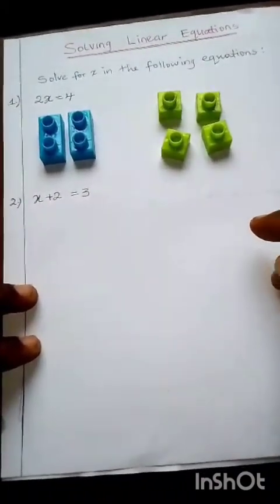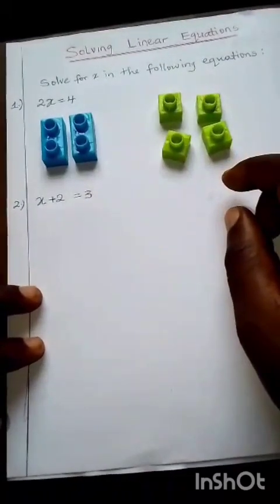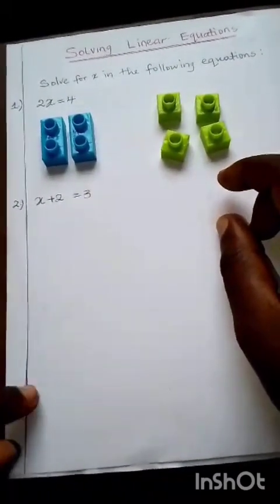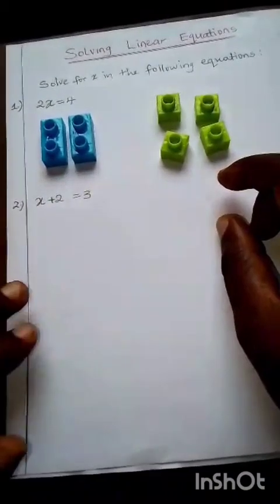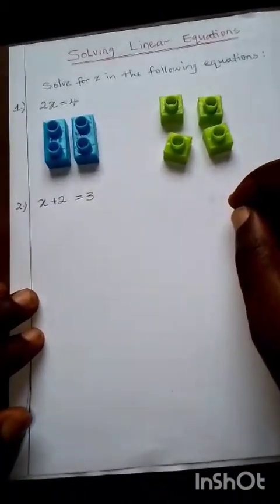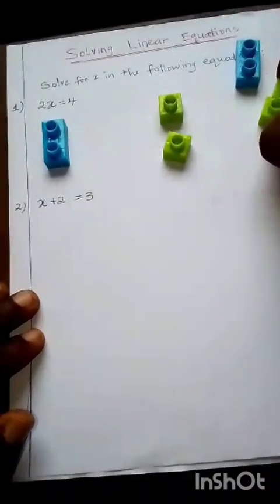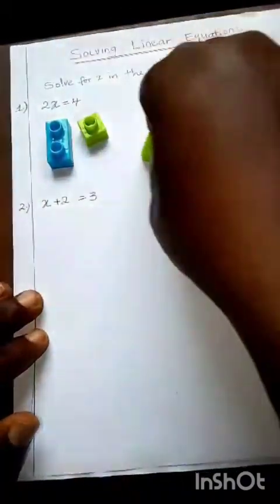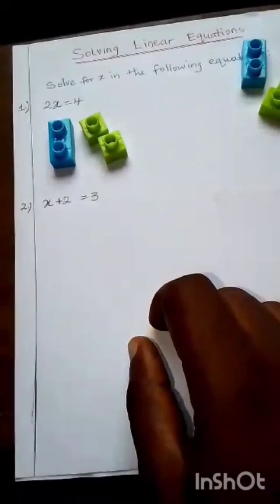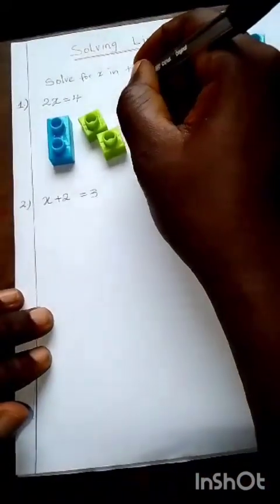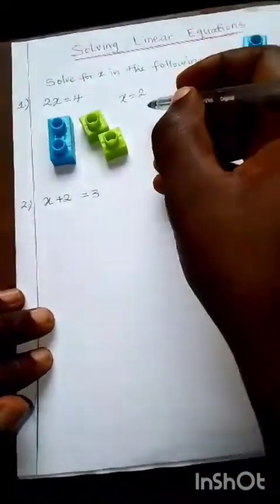Now, if I have 4 things to share between 2, how many do we each have? If you share, you see that each will have 2. So if you are solving it, our x is equal to 2.